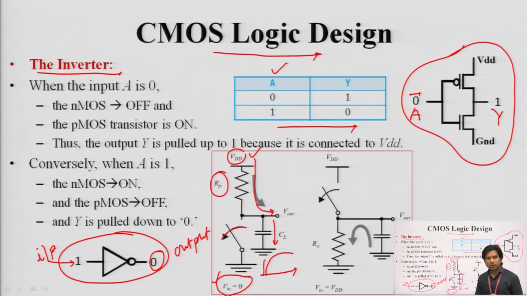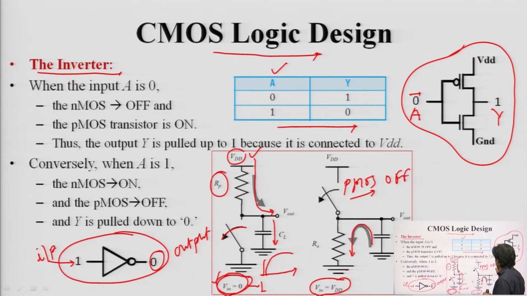Now, once this input voltage changes from 0 to 1, this capacitor will try to discharge through this ground. Okay. That means, when we have input as logic high, at that time my PMOS will be in off condition, okay, and this NMOS will have a small resistance, clear, that is internal resistance you can say.